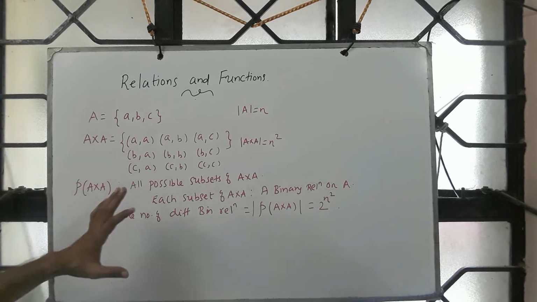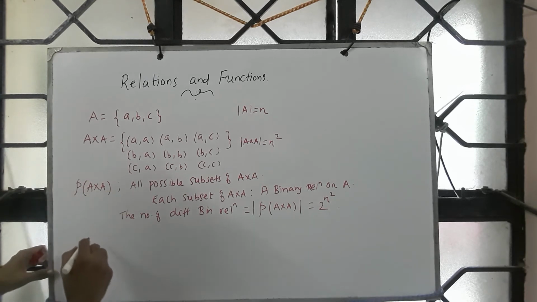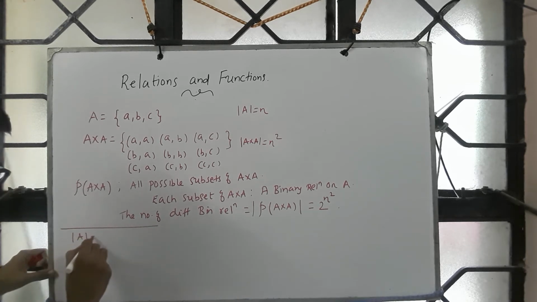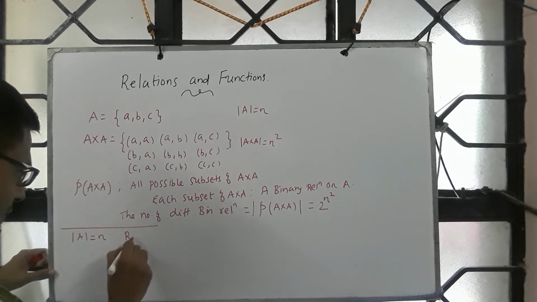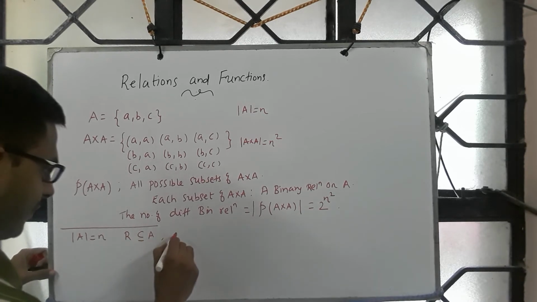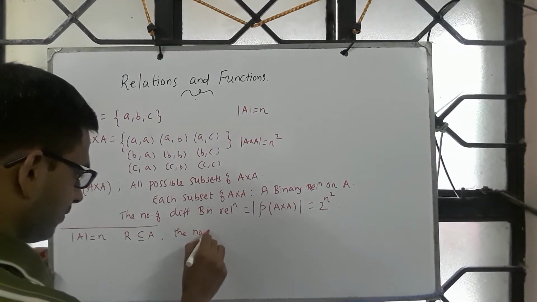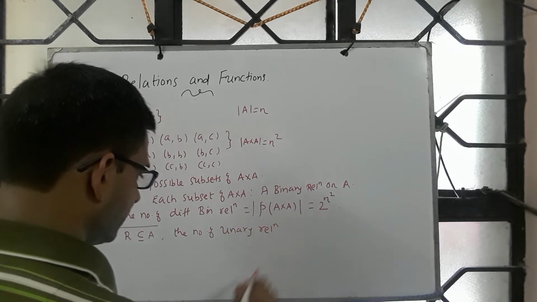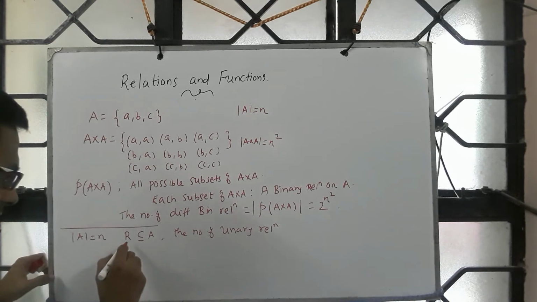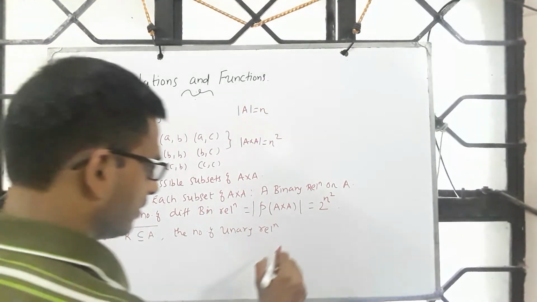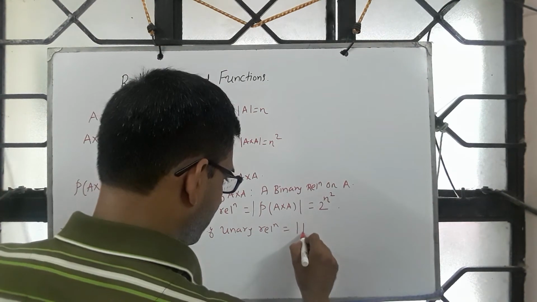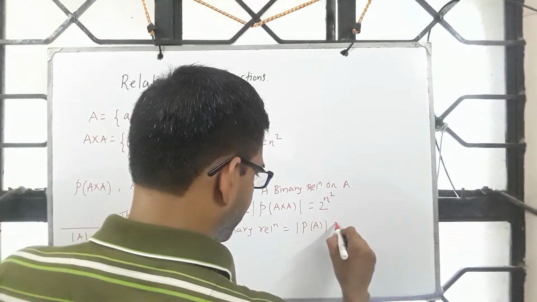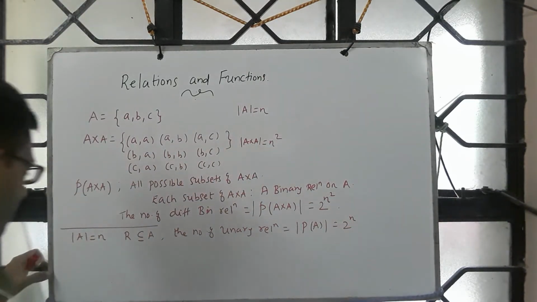Fine. So on similar lines, one can talk about a set A being given, and a unary relation is a subset of A. So the number of unary relations is precisely the cardinality of the power set of A. So the number of unary relations is 2 power n.